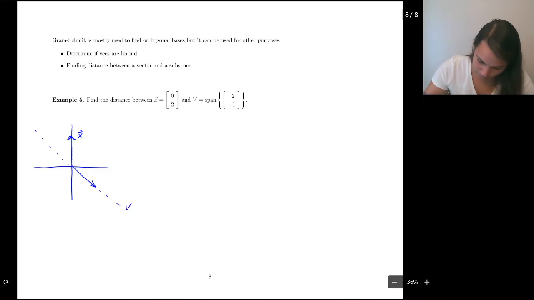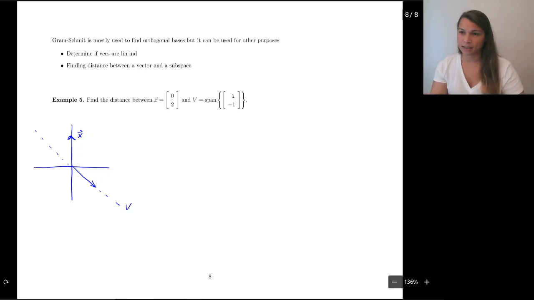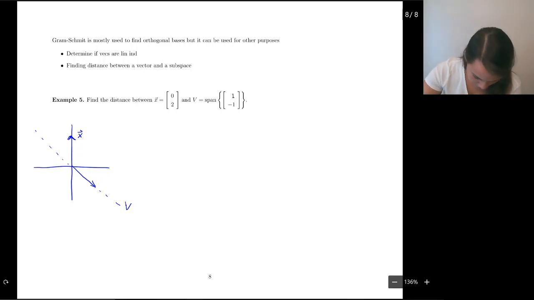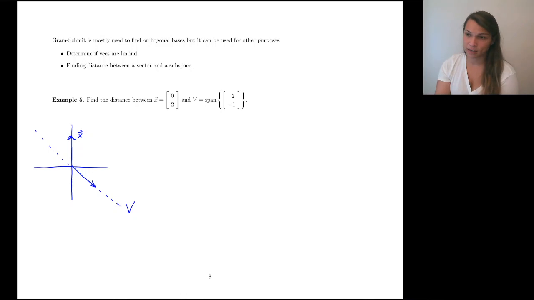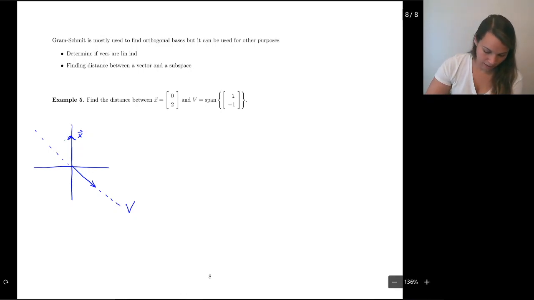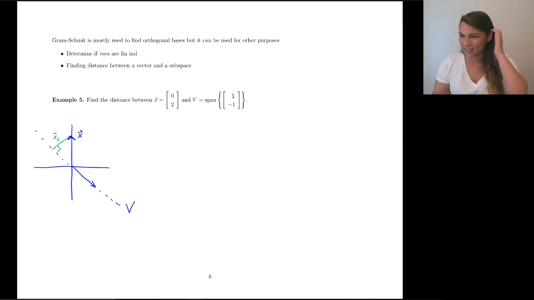So this is V. So in order to find the distance between x and our subspace V, which looks a lot like a negative V and it bothers me, you want to find the closest vector in V to x. So right here, that's going to be this guy. But oh wait, that's just x perpendicular. And we can find that doing the whole Gram-Schmidt thing. So let's go ahead and do this using Gram-Schmidt, even though it's a little bit unnecessary in this case, but we're going to do it.